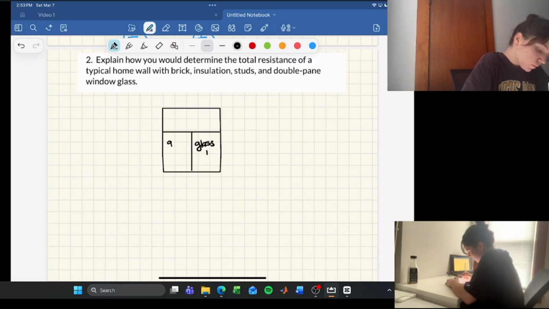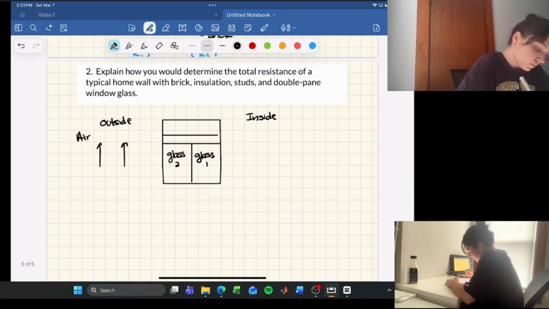Take glass 1, this can be glass 2. This over here is going to be outside. So let's say that this is air. We'll be going this way. And this can be the inside. And then we have a stud. And let's make this side bigger as well.